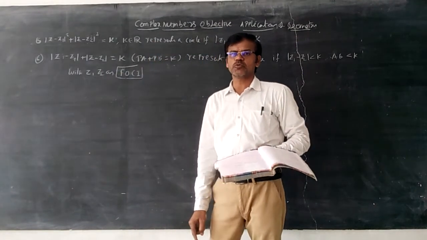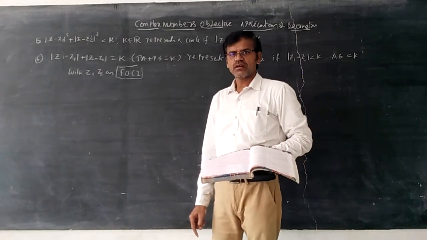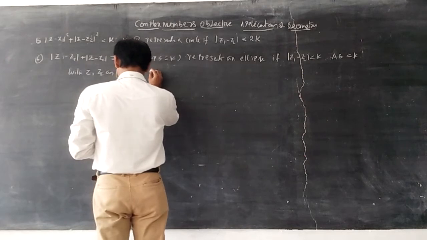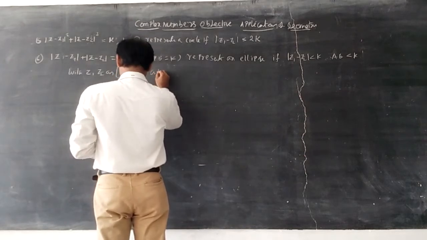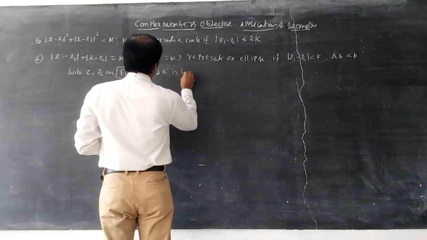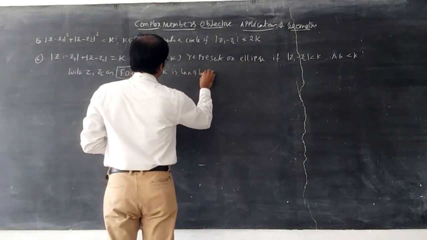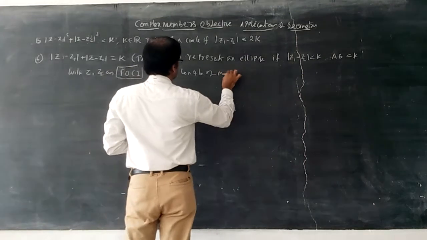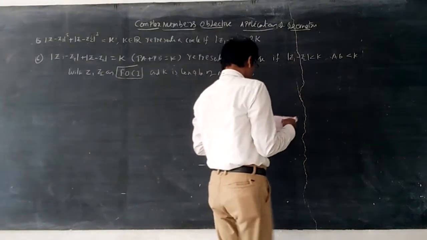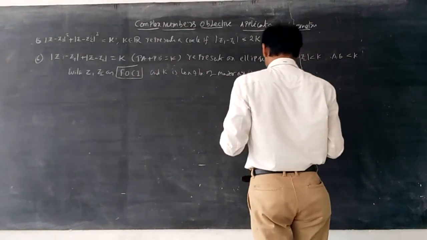The fixed points are said to be foci in coordinate geometry. Z1, z2 are foci, and k is the length of major axis.